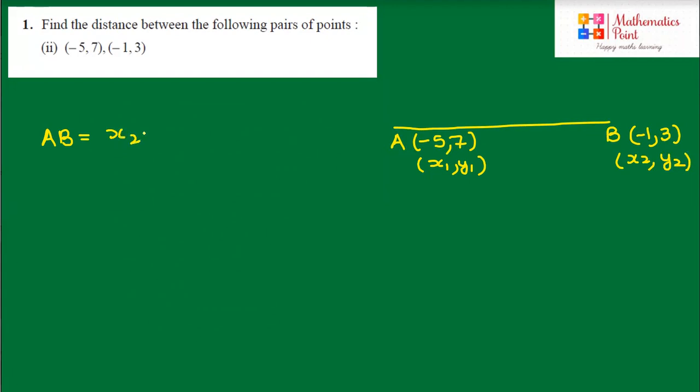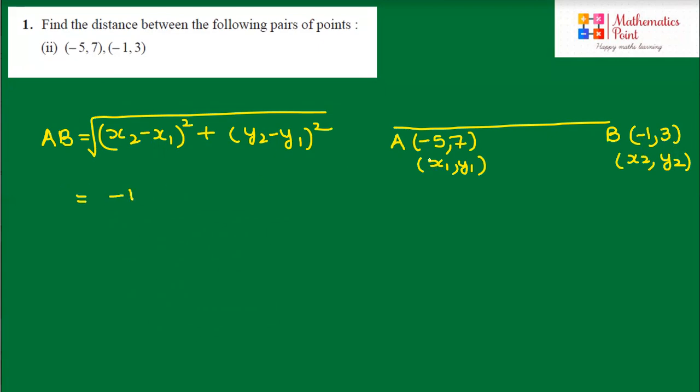So what is the formula? x2 minus x1 whole square plus y2 minus y1 whole square under the square root. So let us put the values. What is x2? x2 is minus 1. What is x1? It is minus 5. So minus 1 minus minus 5 whole square.